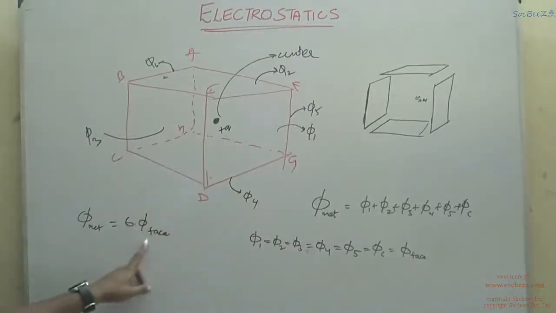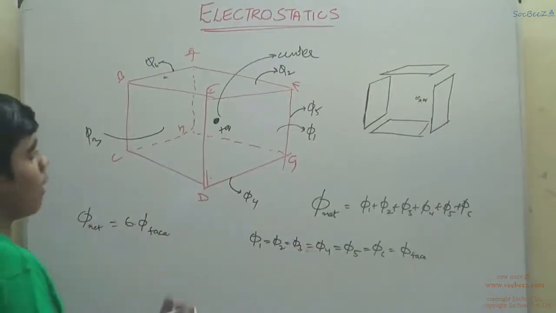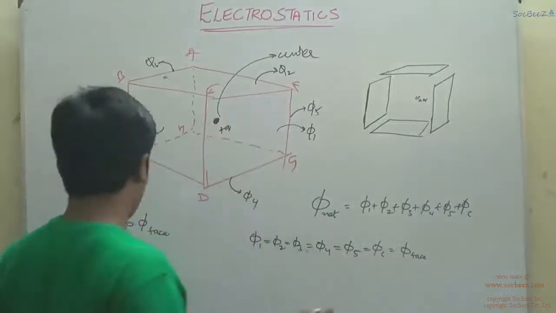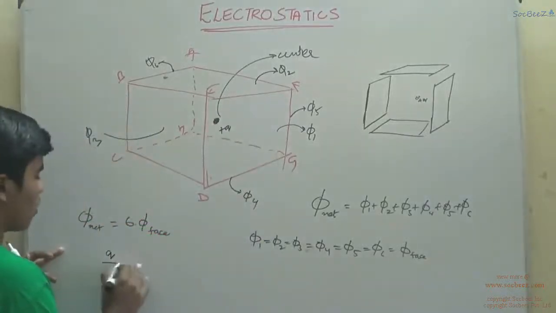Take any face, the flux passing through that face times 6 is equal to the net flux. Now by Gauss law, since the charge enclosed is only Q, the net flux will be equal to Q by epsilon naught.